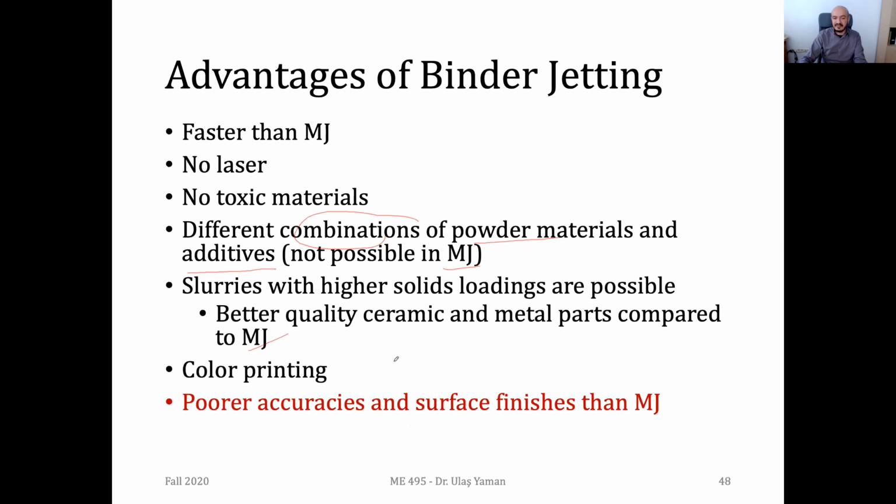But the accuracies are quite lower compared to material jetting, since we join these main powders with the help of the agents, and once you burn off the agents, you'll have porous regions and more grainy surfaces. So it's a bit lower compared to material jetting.